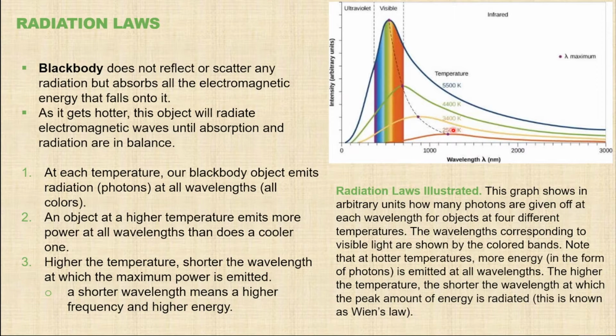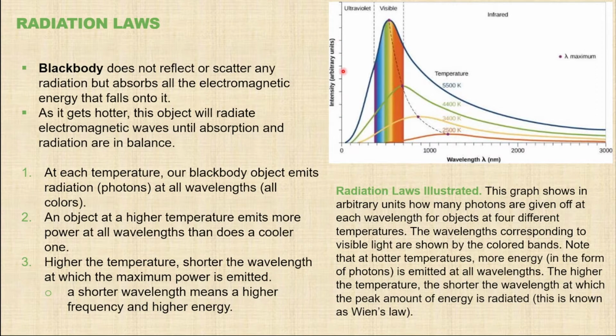So these are for different black bodies. If a star has a higher temperature, 5500 Kelvin compared to 2500 Kelvin, the object at higher temperature emits more power at all wavelengths. You see at the lower 2500 Kelvin, the power is less.